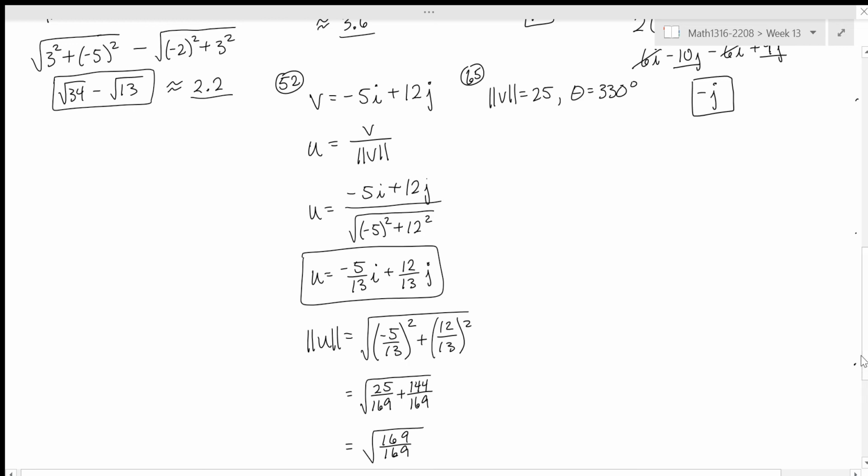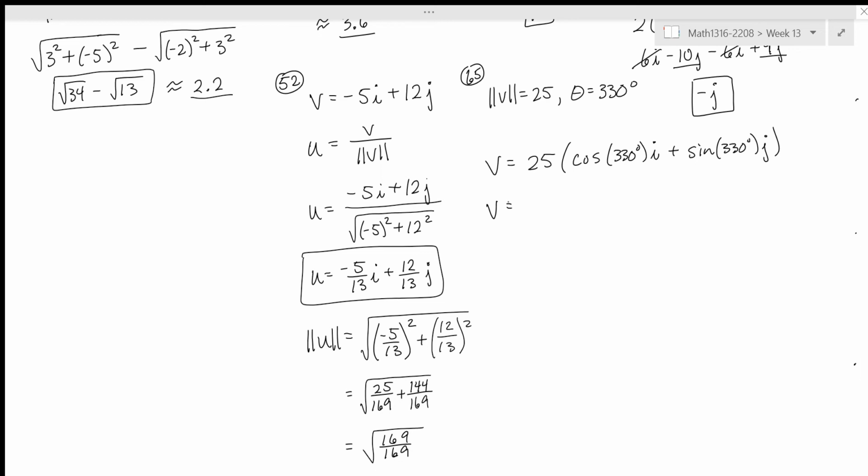All right, here we go. So that's going to be vector v equals 25 cosine 330 i plus sine 330 j. And this would be a great time to go to the unit circle and look up the cosine of 330 and the sine of 330.